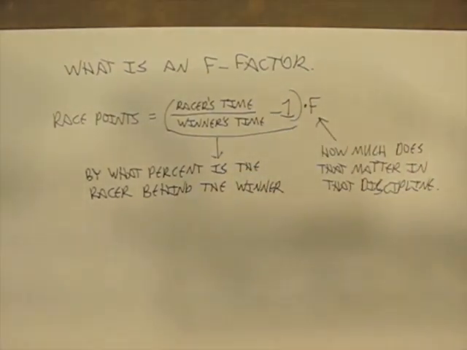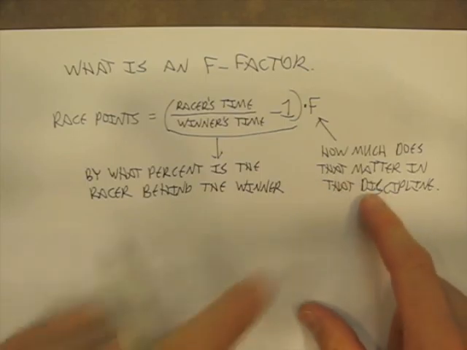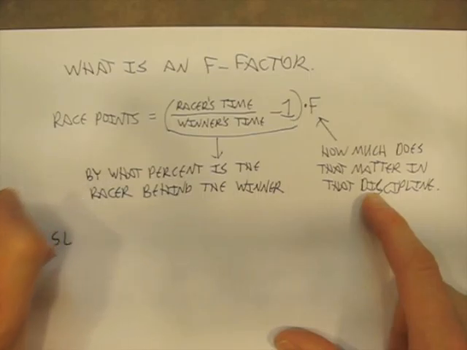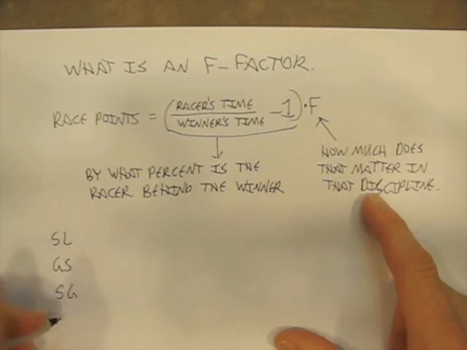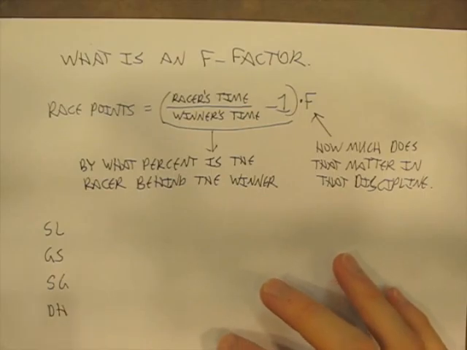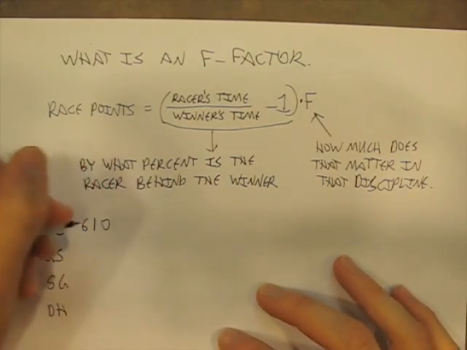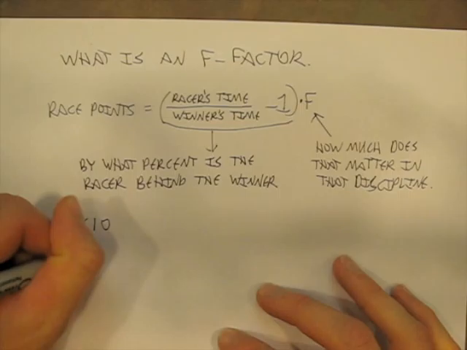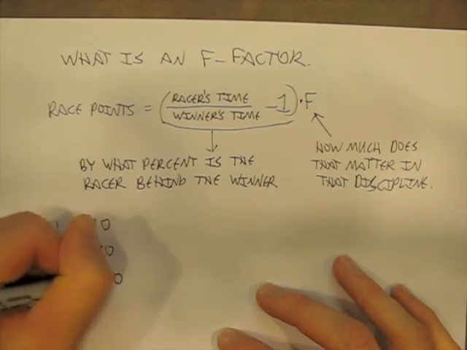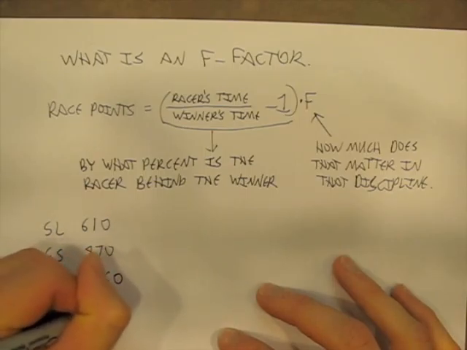Okay, so in other words, you're going to have slalom, GS, Super G, downhill, and those F values from the front page of the FIS list are going to be currently 610, 870, 1060, and 1330.